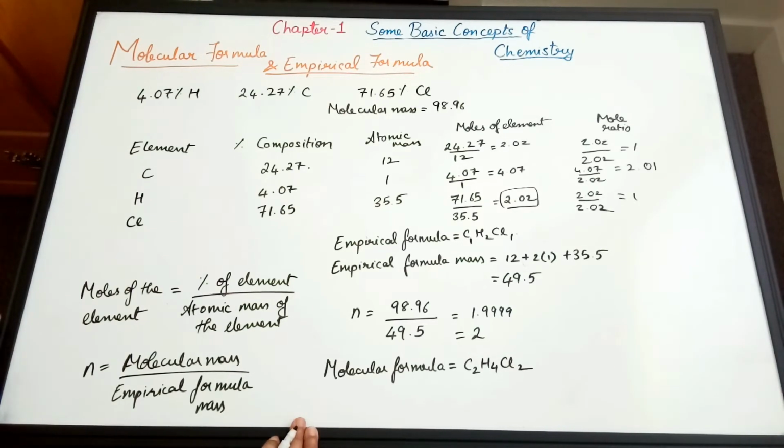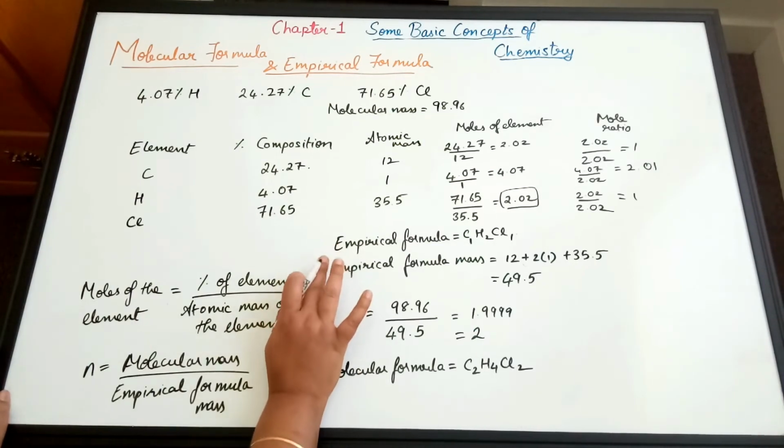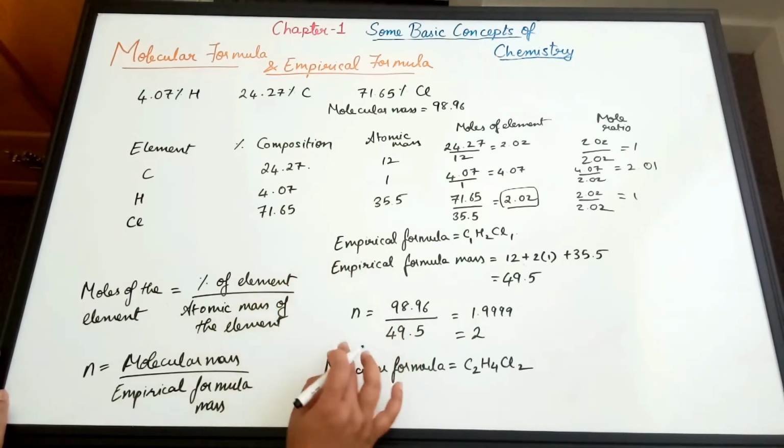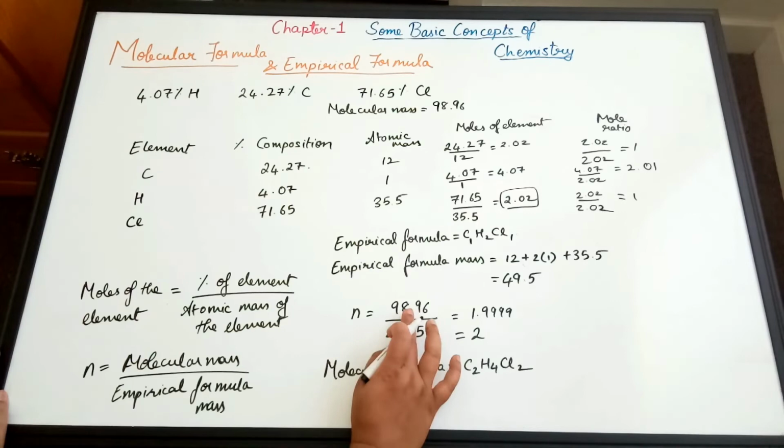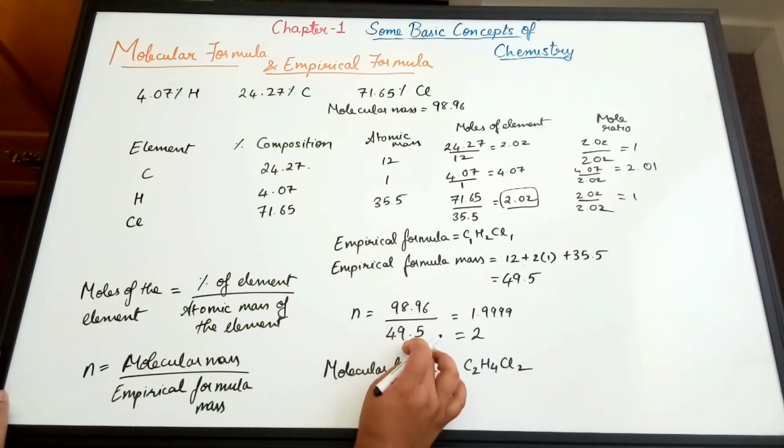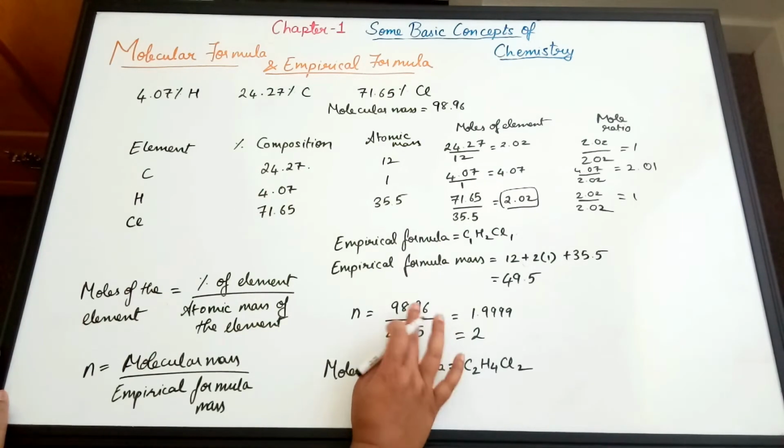Okay, so once again we'll go over the steps. First we figured out the mole ratio from the percentage composition. Then we figured out the empirical formula and its mass, and n equals the molecular mass divided by the empirical formula mass, which over here is 2.